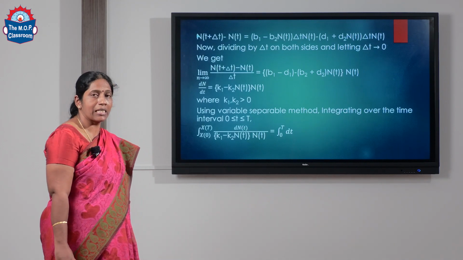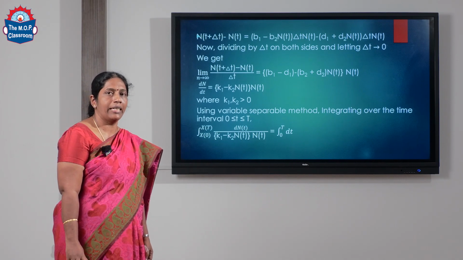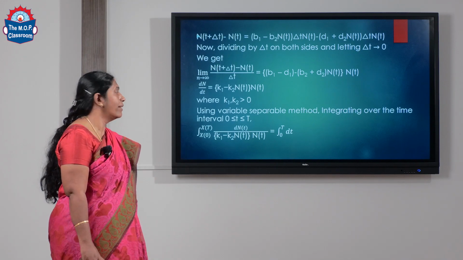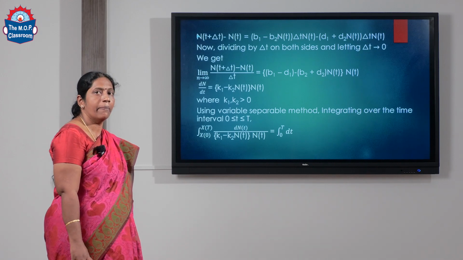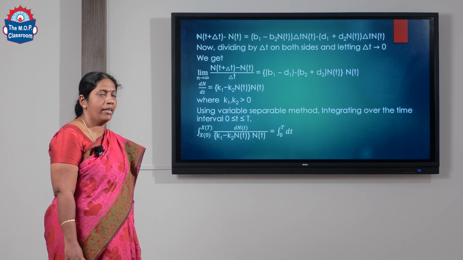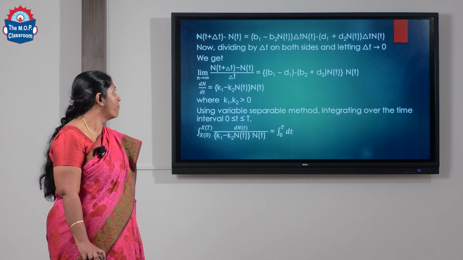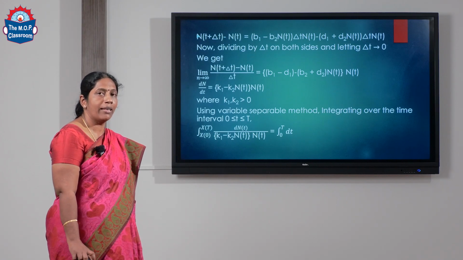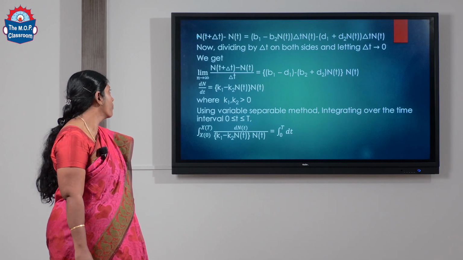So proceeding in a similar way, taking N of t to the other side, dividing by delta t on both sides and letting delta t tend to 0, we have the limit of (N of t plus delta t minus N of t) by delta t is equal to (B1 minus D1 minus (B2 plus D2) N of t) into N of t, which is not a linear differential equation, but a nonlinear differential equation.